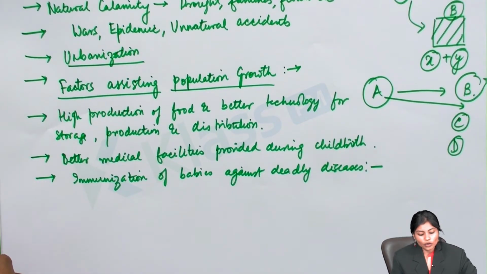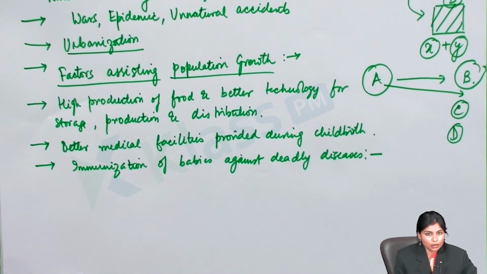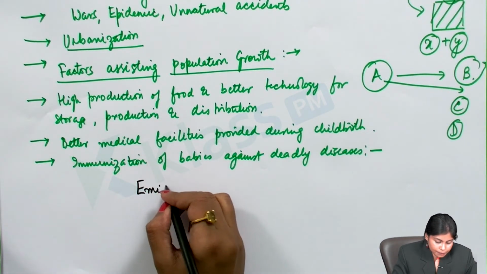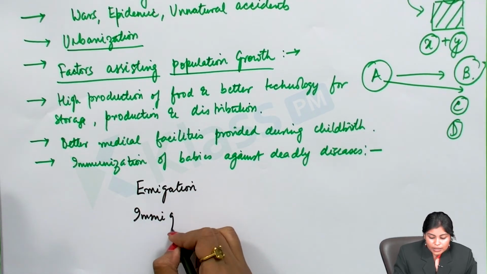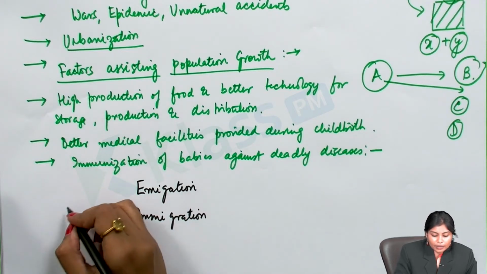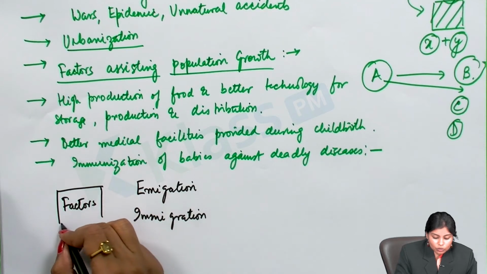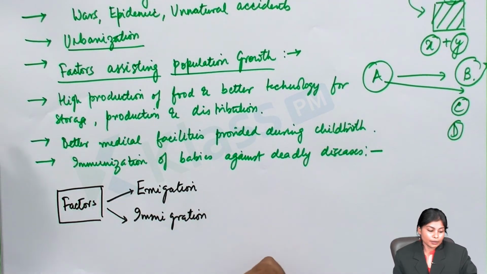Okay. Now, when we talk about population growth, you have to understand two main terms in population. Okay. One is emigration and immigration. So these two are also factors which affect population growth. Okay. So what do you mean by emigration and what do you mean by immigration?